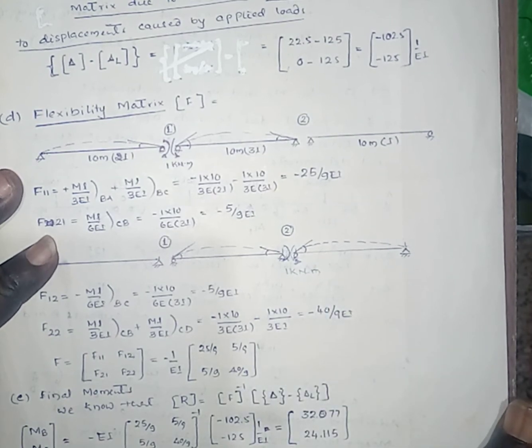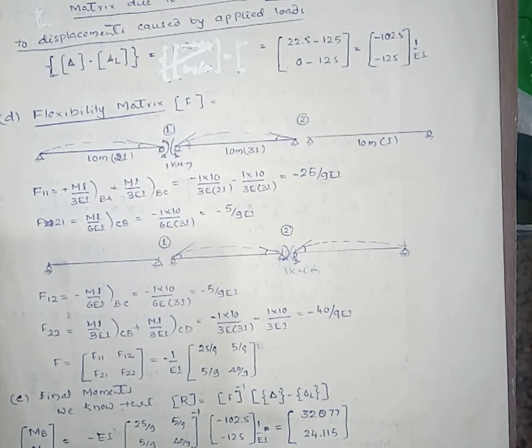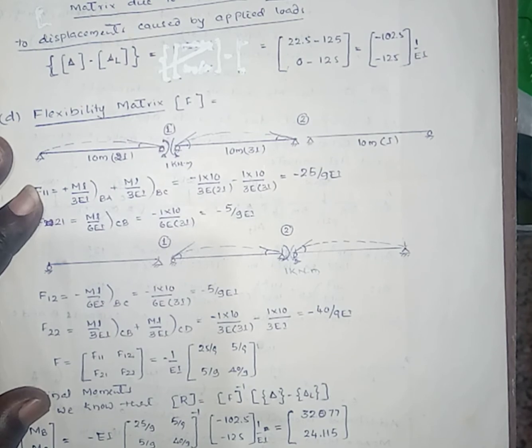Now the final moments, we know that the redundant matrix is given by inverse of flexibility matrix into the displacement factor due to sinking and settlement of the support minus the displacement due to the applied loads.